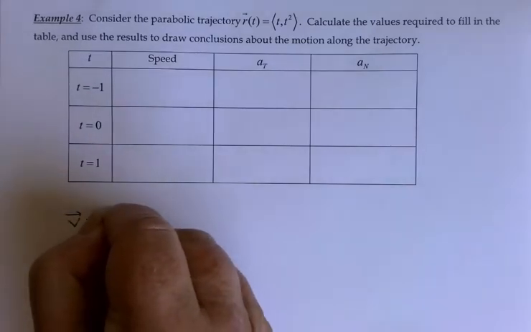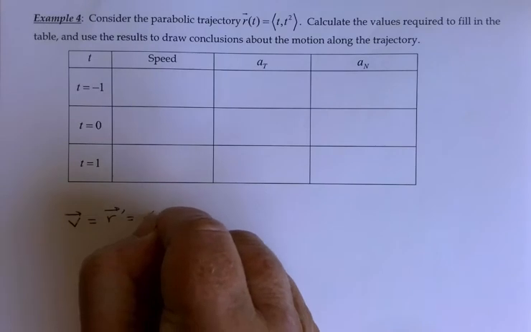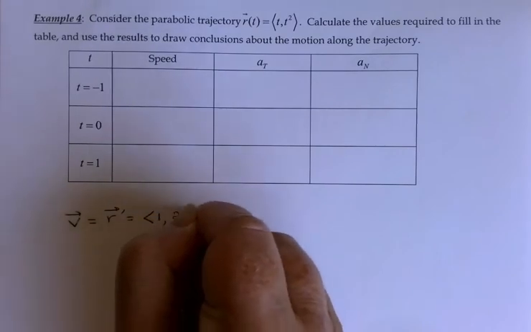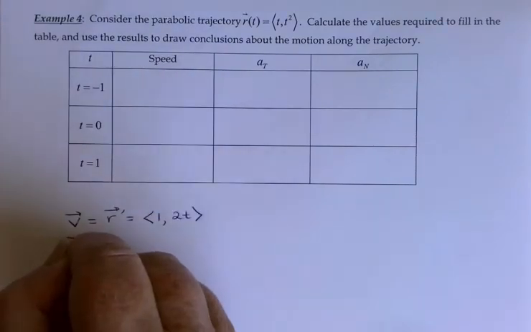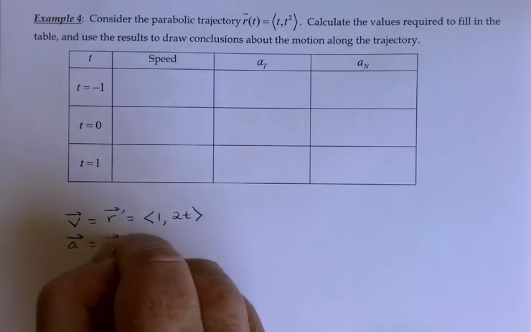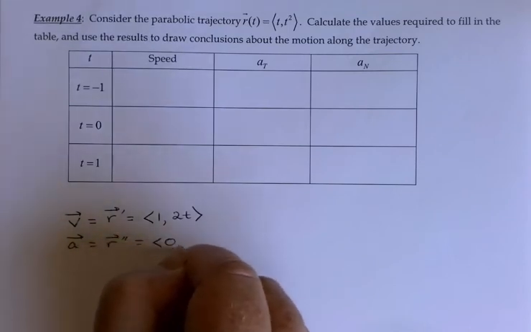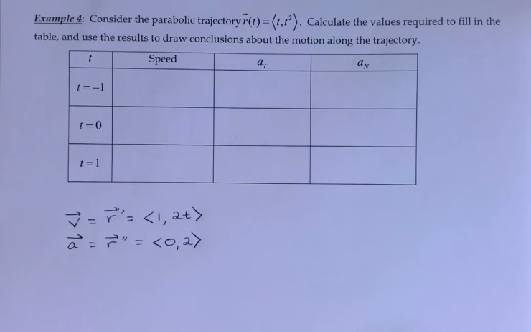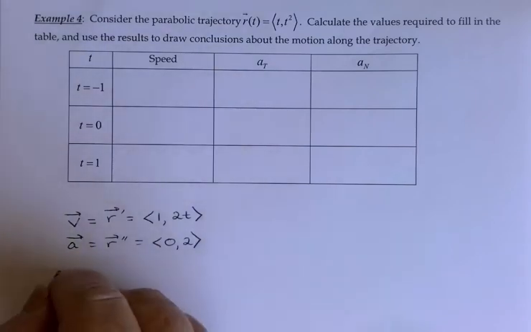So v would be r prime, 1 comma 2t, and a is r double prime, 0 comma 2. Let's just go ahead and do both the dot and cross product, I guess.